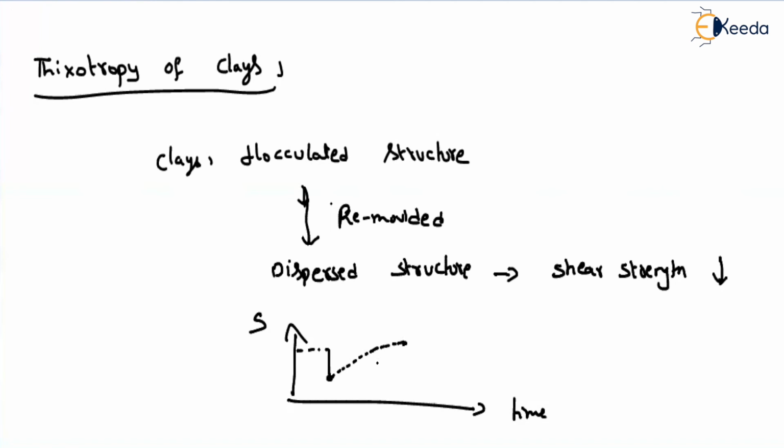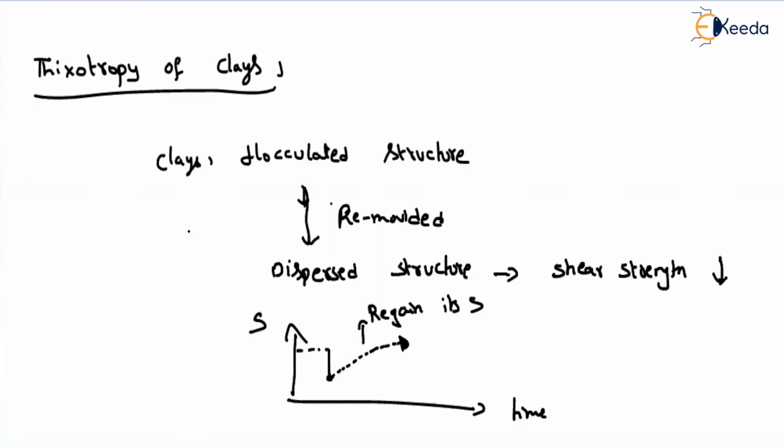So with respect to time, the soil will regain its shear strength. That means the process of increasing the shear strength of the clays with respect to time is called the thixotropy of the clays.